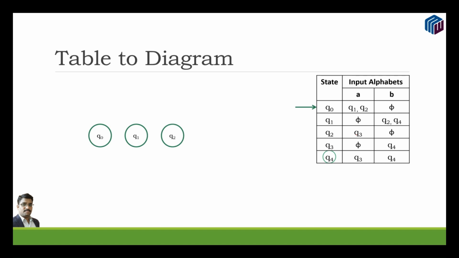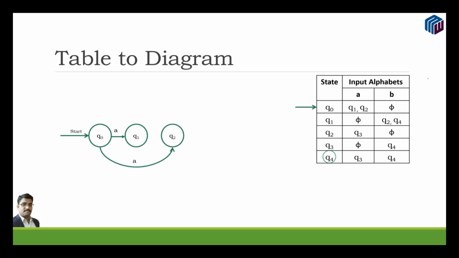As per the first transition, from Q0 on input A it is moving to the states Q1 and Q2. Since Q0 is the starting state, I give the arrow mark to Q0. Now the transitions go from Q0 to Q1 and Q2 on A. Clear? For B there are no transitions, phi, so no need to draw any transitions in the state diagram.